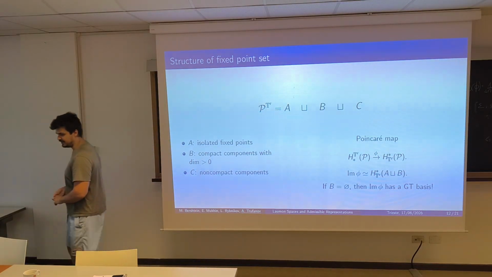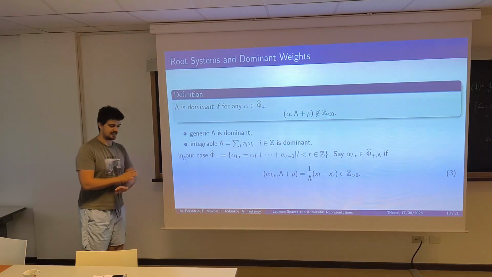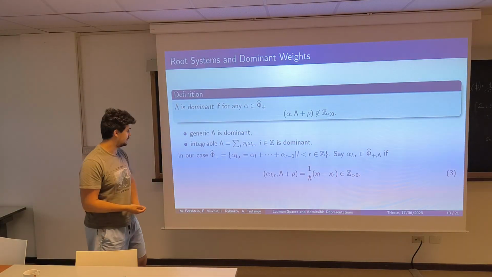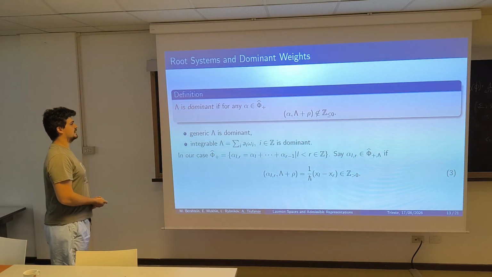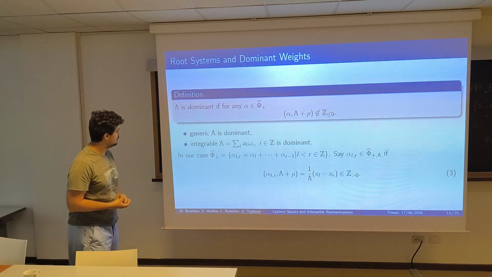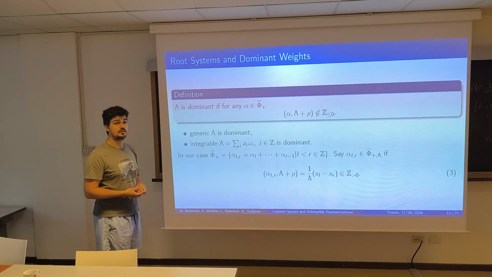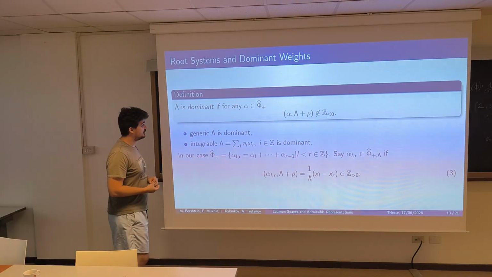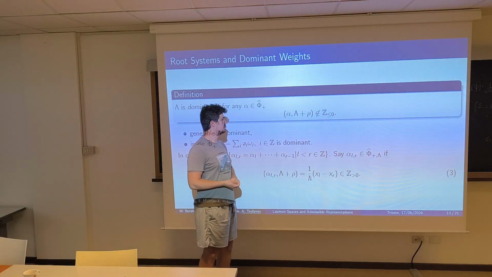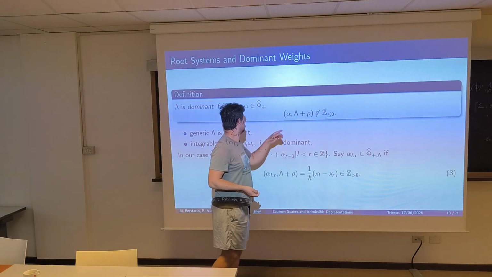So where does it happen? We have a very good case when it happens, and morally it seems like it's all cases, but we don't have such a theorem. What we have is the following. Consider lambda. I say that lambda is dominant if it pairs with any positive root of the affine root system to non-negative numbers, with shift by rho.